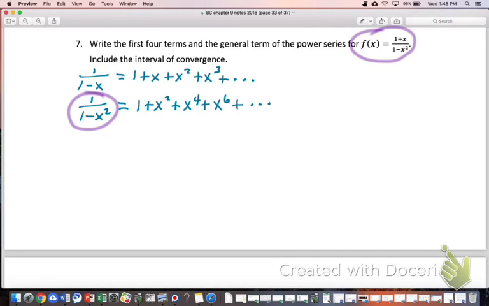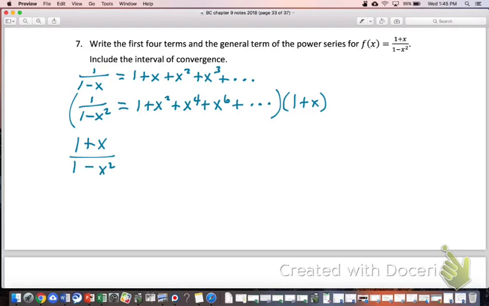What would I do? Multiply times 1 plus x. Yeah, I could just multiply the left side and the right side by 1 plus x, since it's an equation. So that would give me the thing I want, 1 plus x over 1 minus x squared.